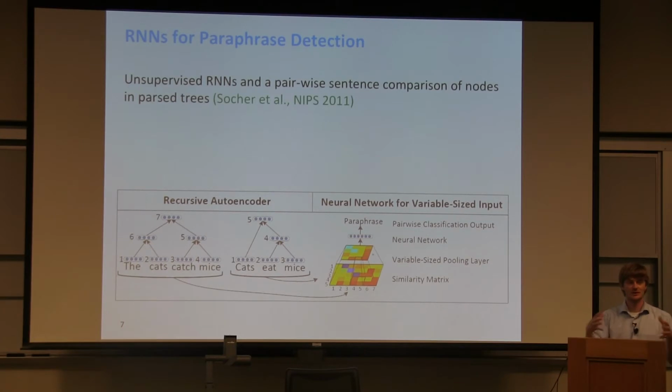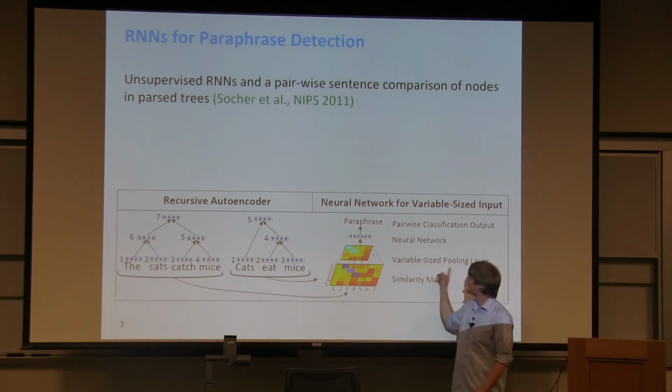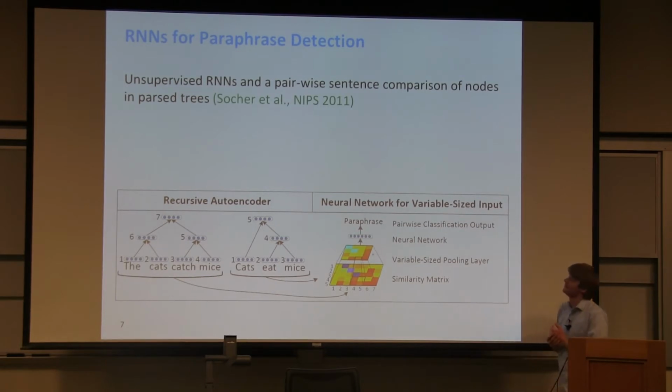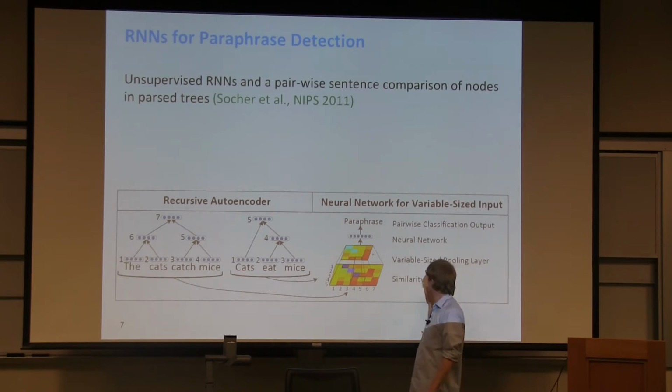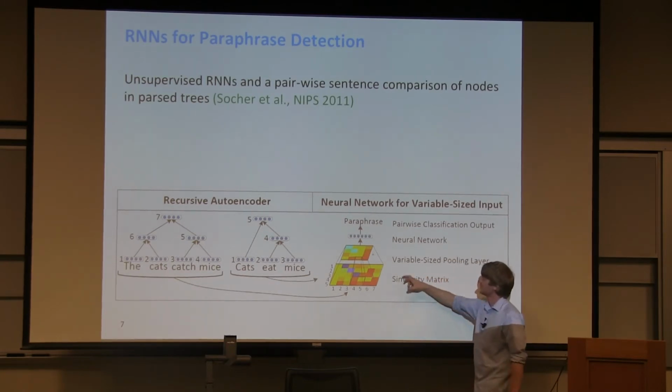So this similarity matrix changes, and that's why I introduced this idea of a variable size pooling layer in 2011, which basically defines a convolutional neural network pooling layer, but instead of having a fixed size filter, it changes the pooling area, depending on how large the input is and how many outputs you want in the end.